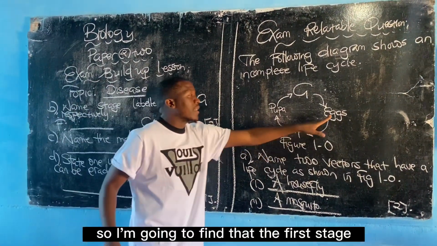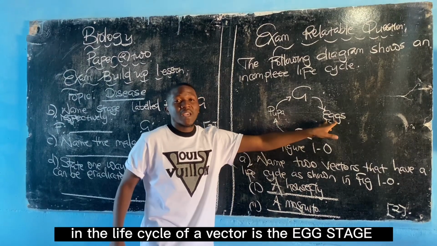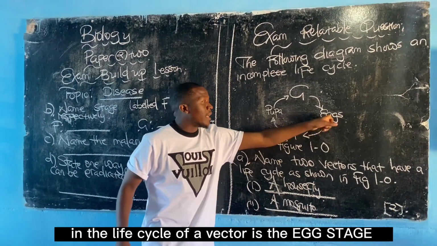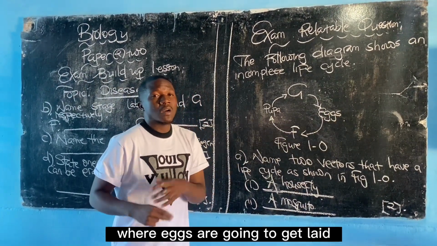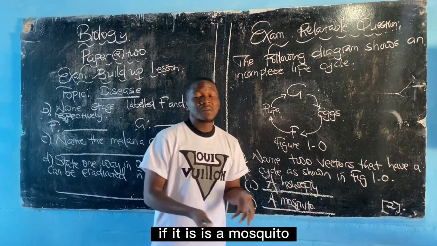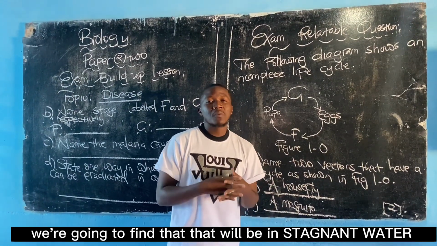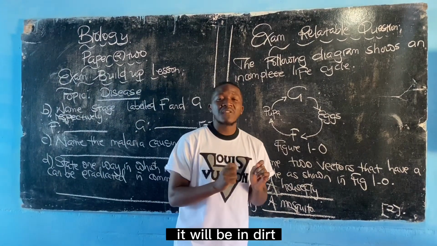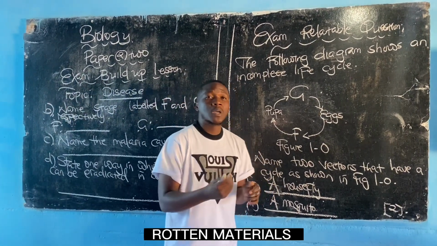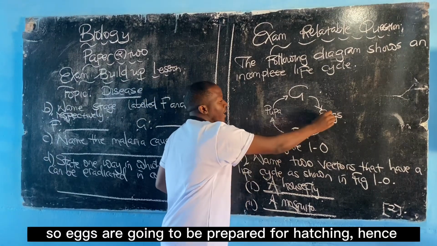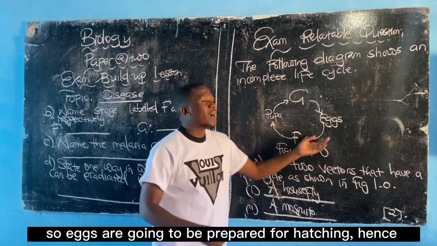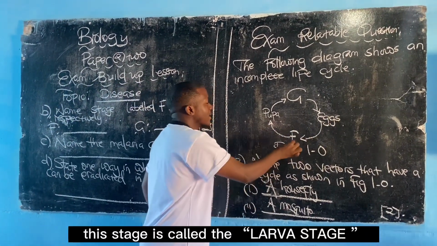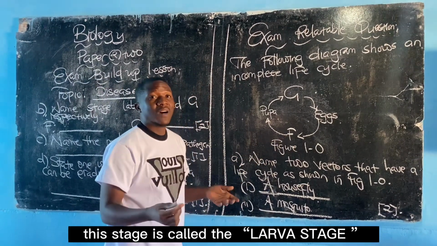So I'm going to find that the first stage in the life cycle of a vector is the egg stage, where eggs are going to get laid. If it is a mosquito, we're going to find that that will be in stagnant water or tall grasses. If it is a housefly, it will be in dirt, rotten materials. So eggs are going to be prepared for hatching. Hence, this stage is called the larva stage.